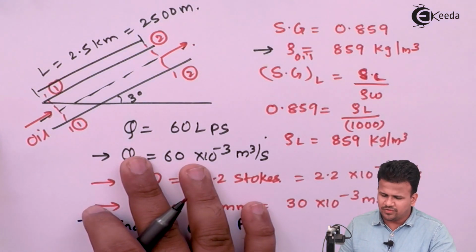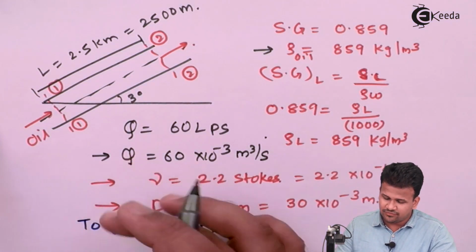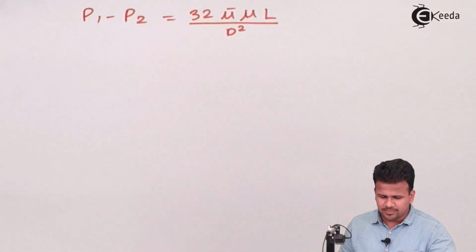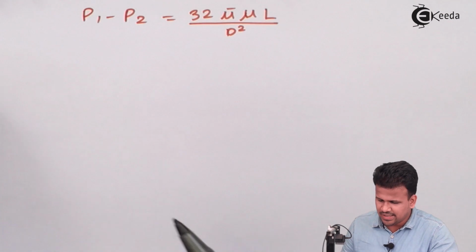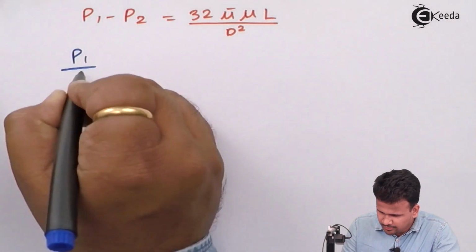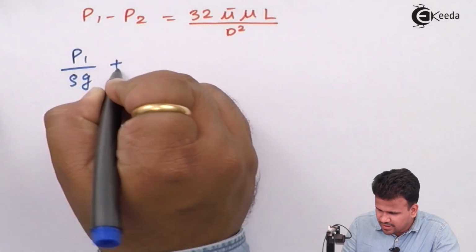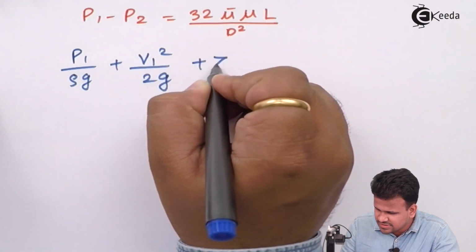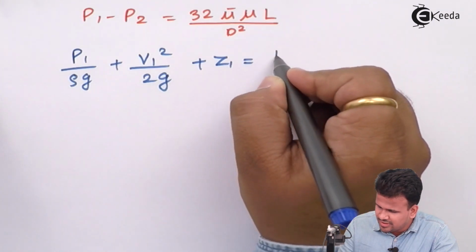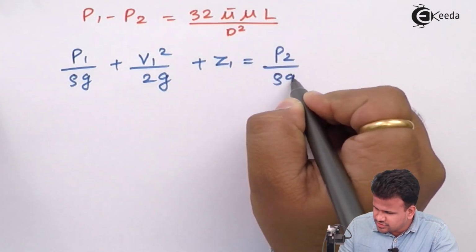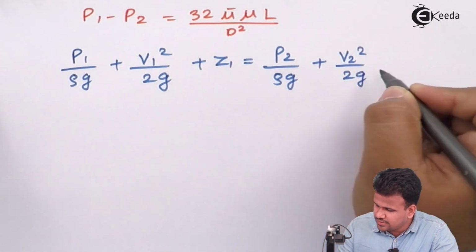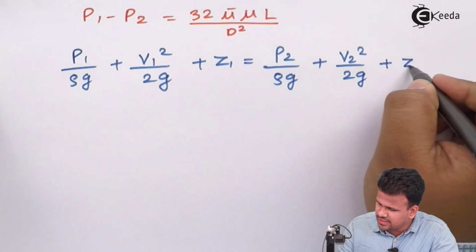So we have to use Bernoulli's equation across the two ends of this entire part. For a laminar flow, Bernoulli's equation can be written as P1 upon rho g plus V1 square by 2g plus Z1 equals P2 upon rho g plus V2 square by 2g plus Z2.